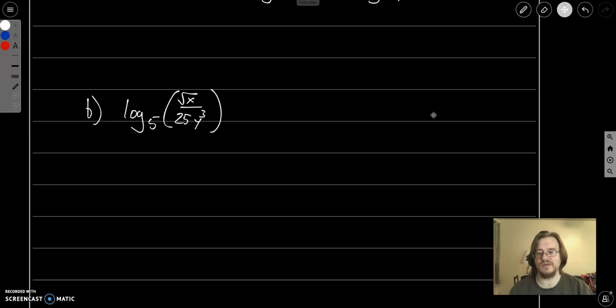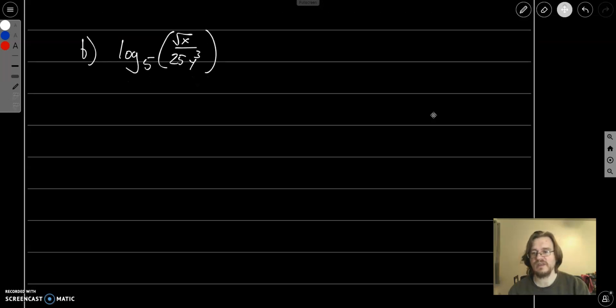So let's look at one more of these guys. Log base 5 of the square root of x divided by 25y cubed. So let's just apply our rules one at a time. For instance, we're dividing numbers here, so we will subtract the logarithms.